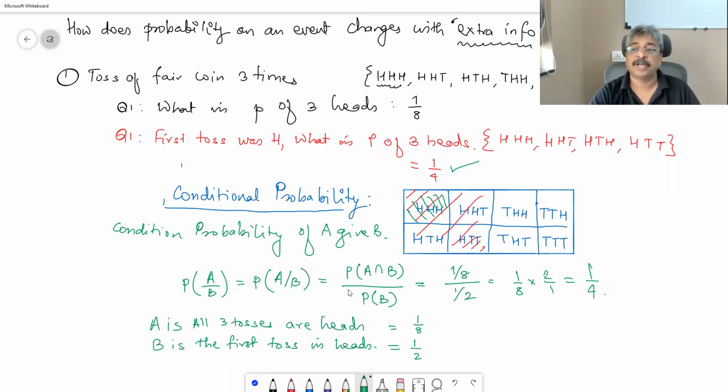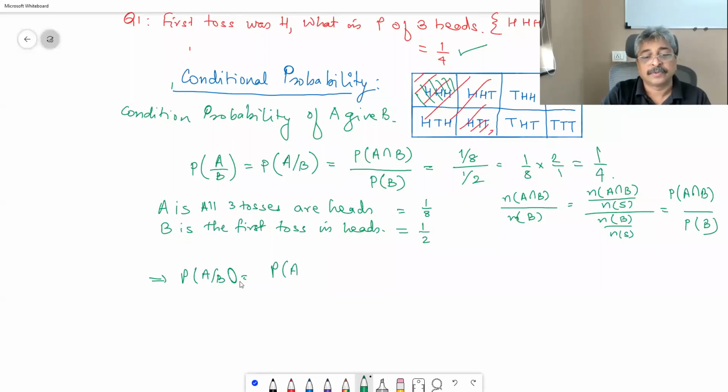So whatever formula we are writing, P(A intersection B) upon probability of B is your P(A given B). So if this conditional probability definition is understood, then probability of A given B is equal to probability of A intersection B upon probability of B. Of course, probability of B should not be equal to 0.